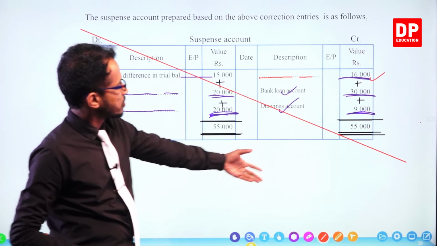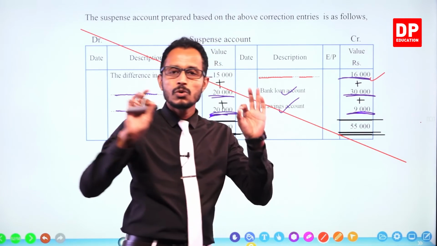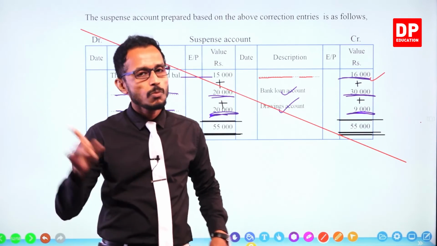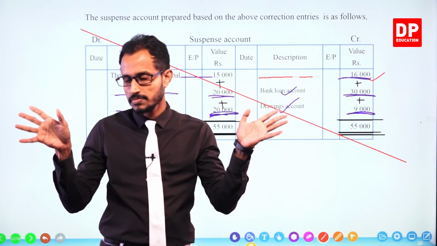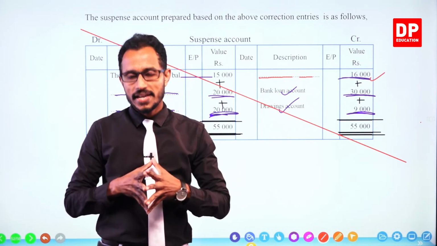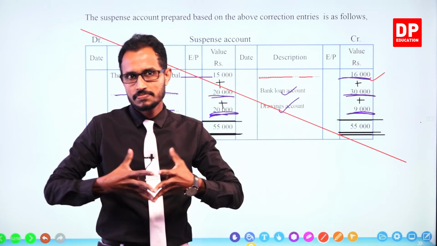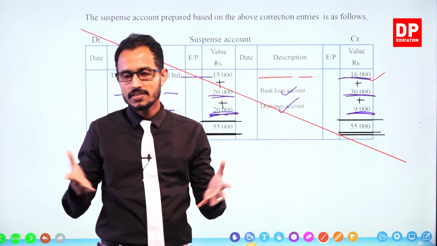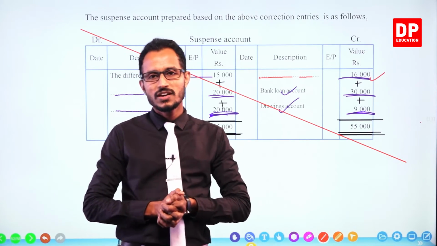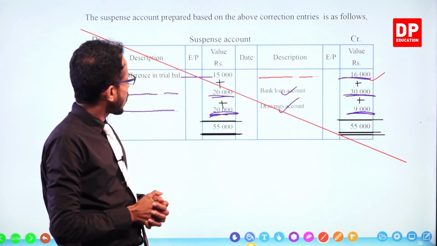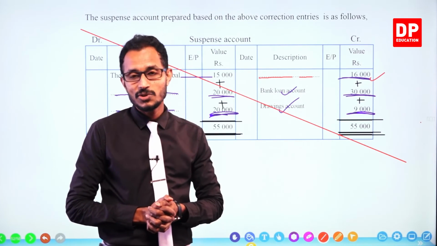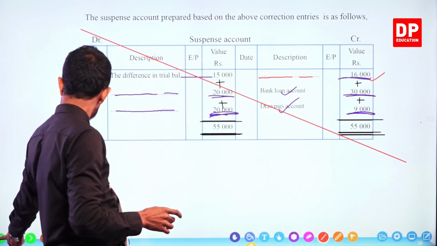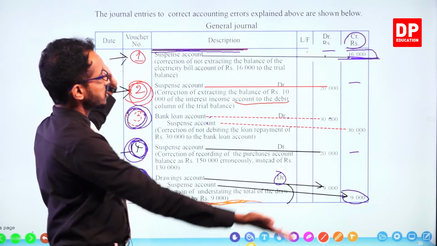Debit side equals credit side. That means all the errors have been corrected. There's no balance in the suspense account remaining, which means all the errors are corrected. That's how you confirm that your corrections are correct. These are your corrections in the general journal.